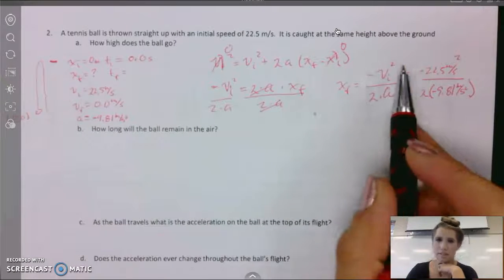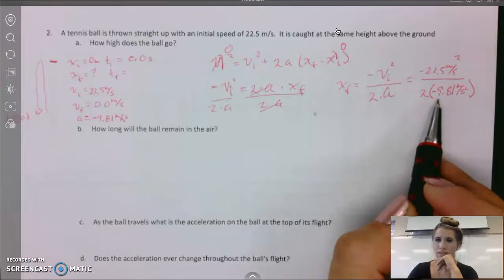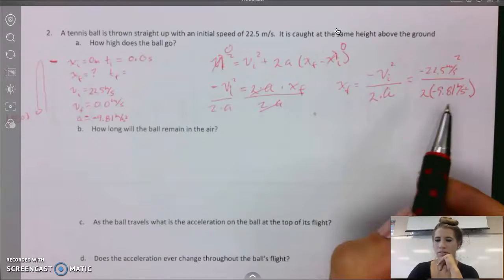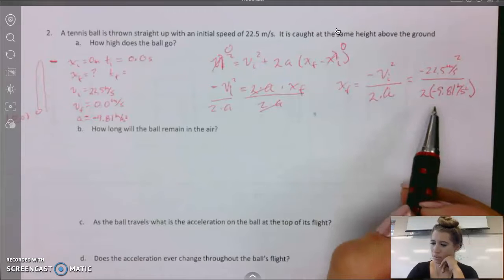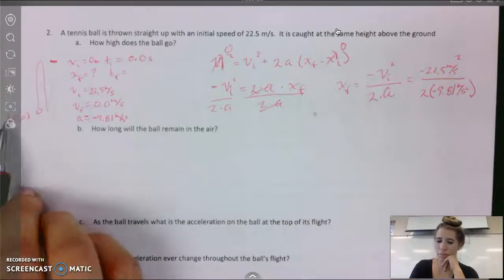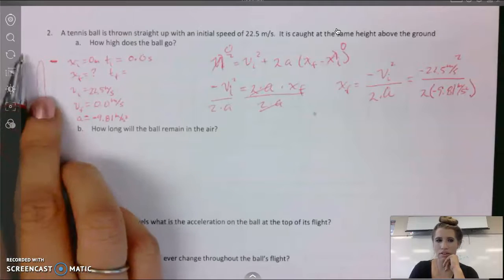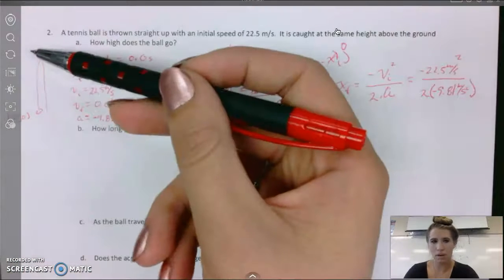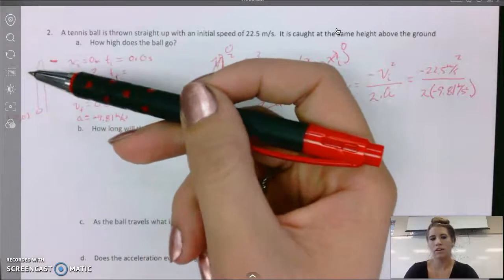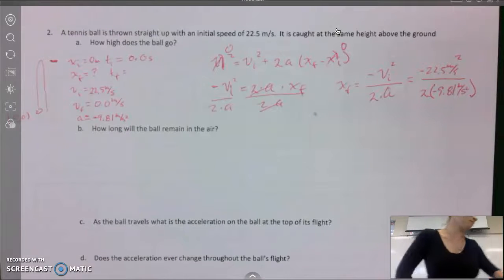This realization, this understanding that I have a negative and it's going to cancel out this negative, and how having that will give me a positive x final, and that should make sense because we chose our origin to be down here, and we're saying going in this direction is positive, so our x final should be a positive number. Let me grab my calculator.